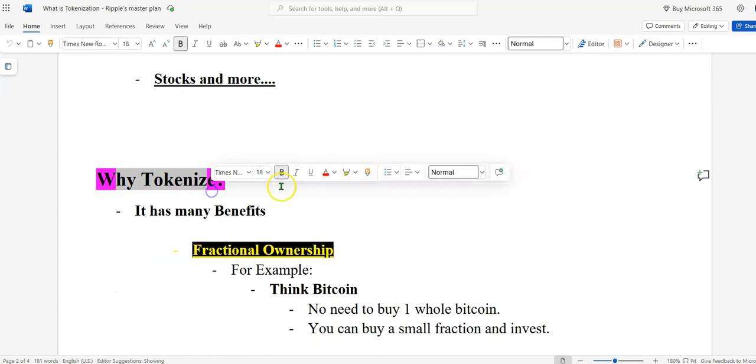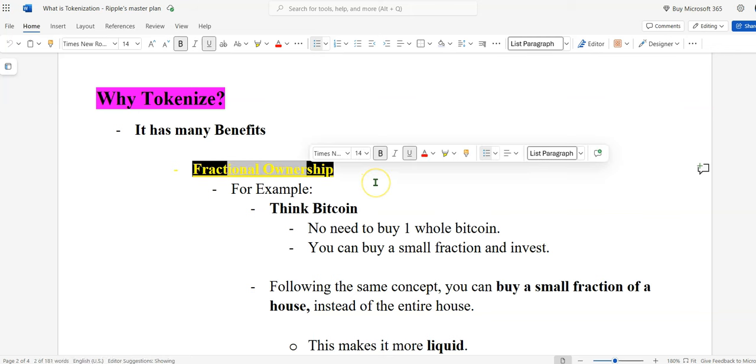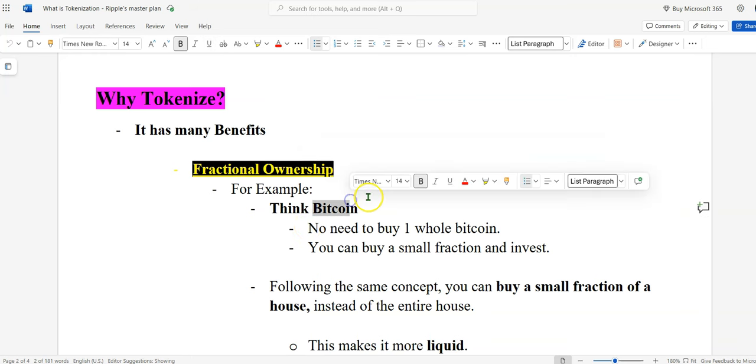So why tokenize? What's the benefit of doing all of this? Well, it has many benefits, and I'm going to list only 3 of them on this occasion. The first one is fractional ownership. So what do I mean by fractional ownership? I want you to think about Bitcoin.